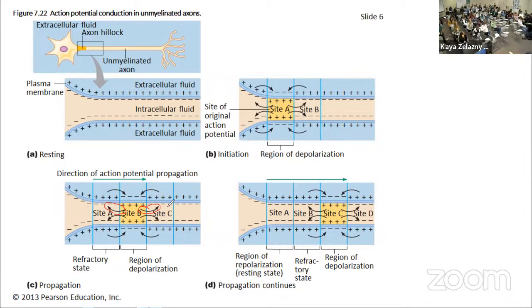But we don't send an action potential backwards. We don't re-trigger site A because that site is still in the refractory period. Even though we start to have some positive charges flowing back towards it as the next membrane depolarizes, it doesn't send off another signal because it's still working on resetting back to its original state.